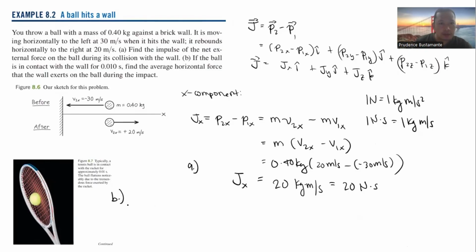For letter B, if the ball is in contact with the wall for 0.010 seconds, find the average force that the wall exerts on the ball during the impact.